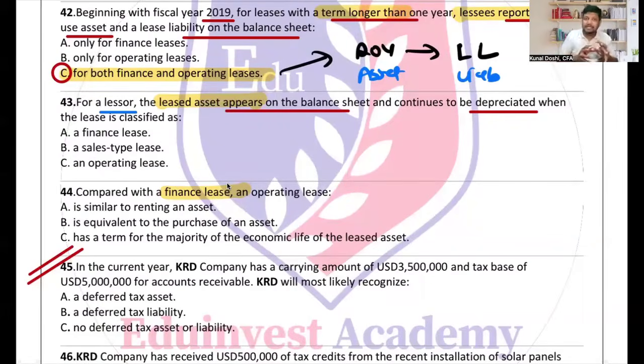In an operating lease, the asset still remains with the lessor, isn't it? This is the situation only in an operating lease, not in any other type of lease. In a finance lease, the asset eventually goes to the lessee, so it's the lessee's responsibility. In an operating lease, the asset is going to be with the lessor only, so the lessor is going to be responsible for depreciation and other things. Clear?